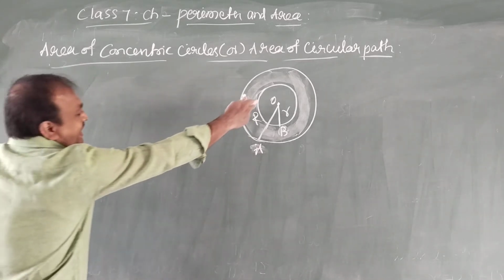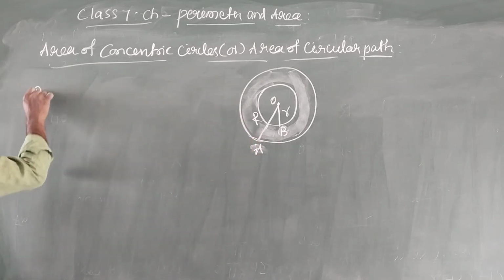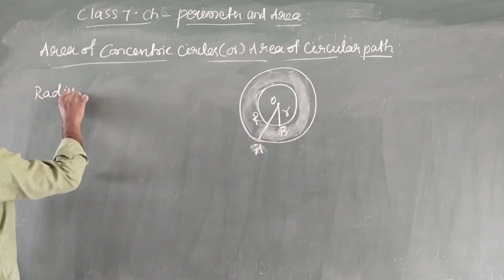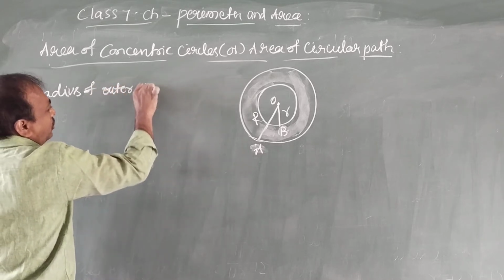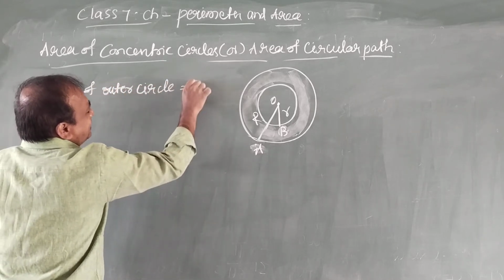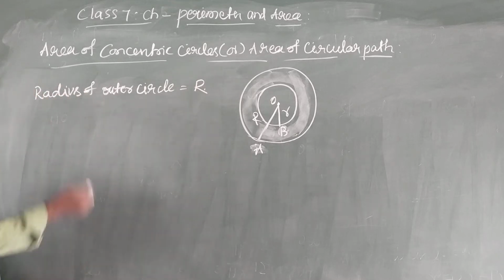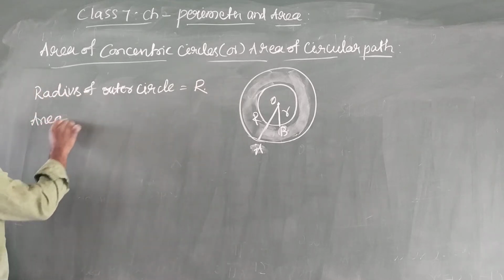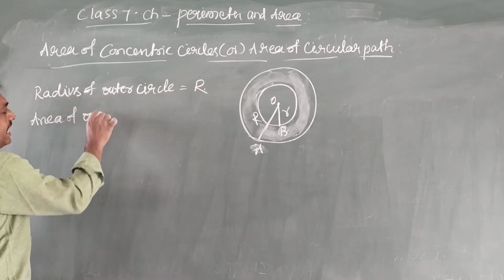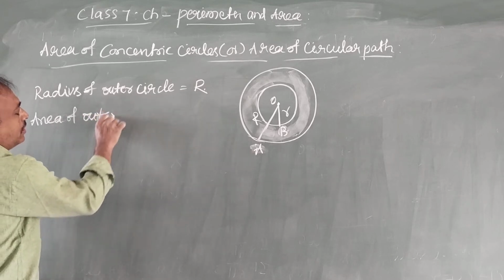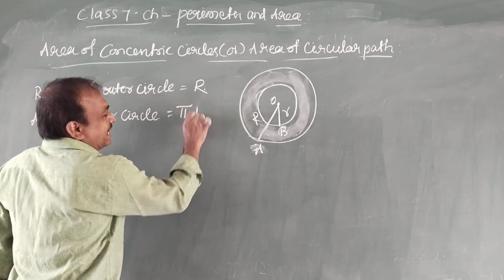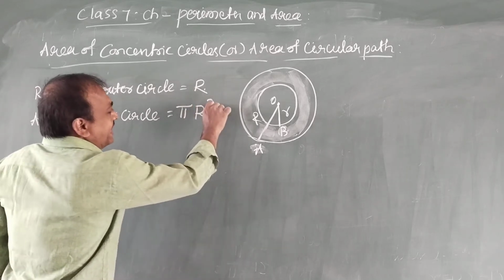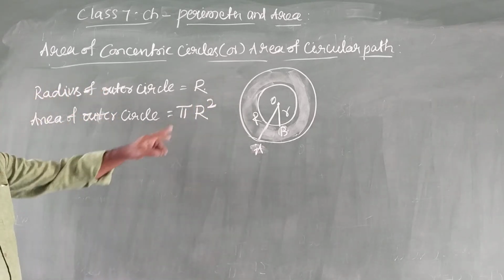So OA is the radius of the outer circle. Radius of the outer circle is capital R. So the area of the outer circle, as we know, the area of the circle is pi r square. As the radius is capital R, it is pi R square.